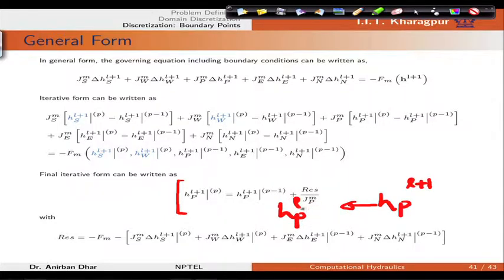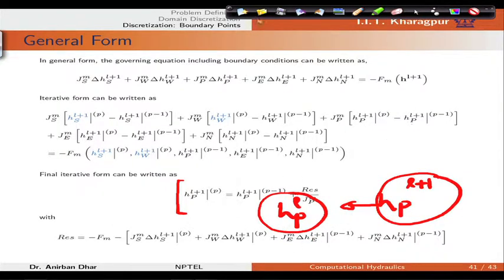Then this will become my new old time level value, which is calculated from the future time level, and I can iterate for the time loop.